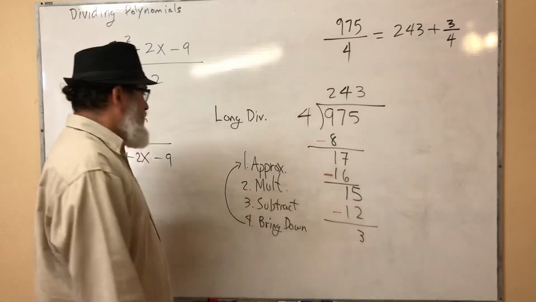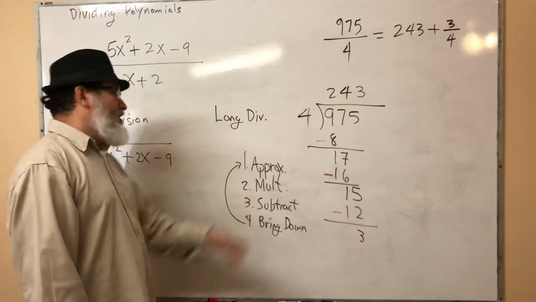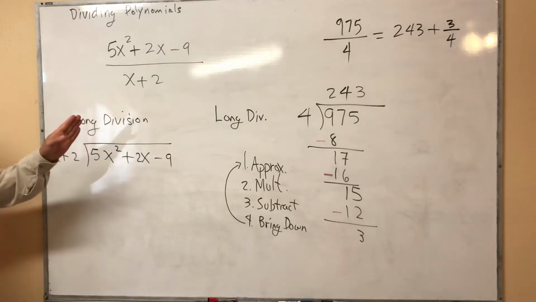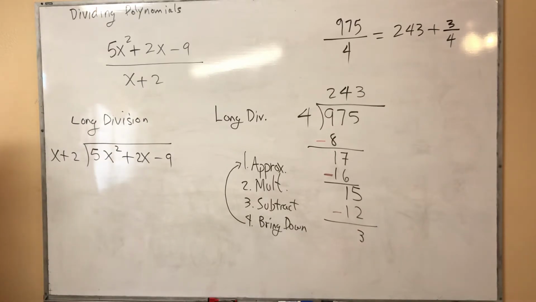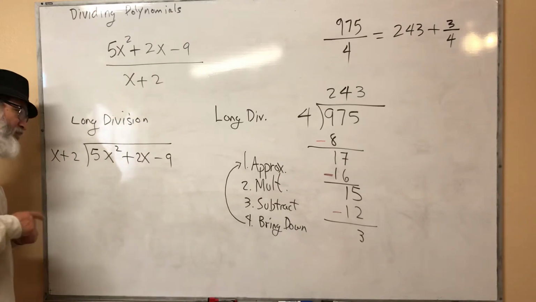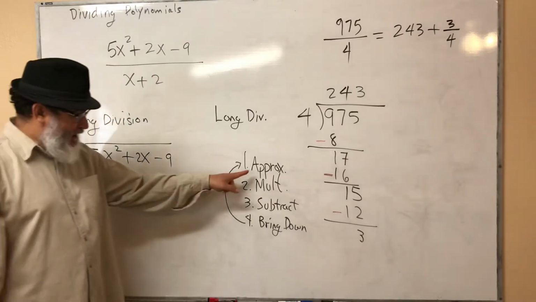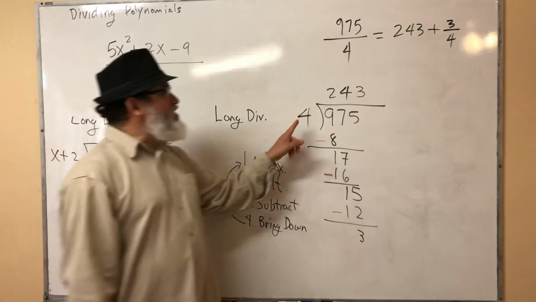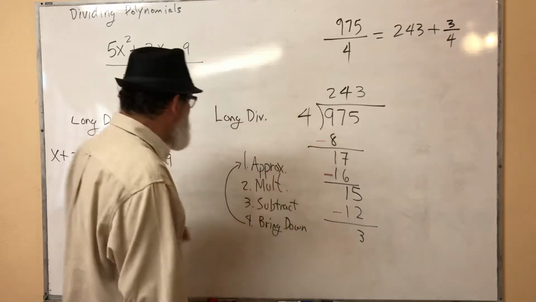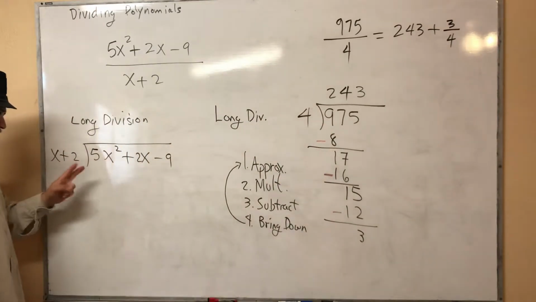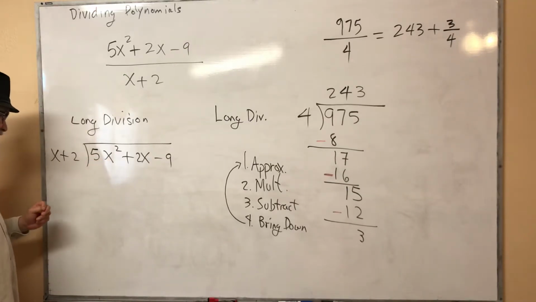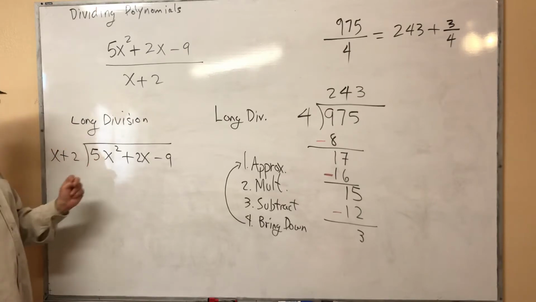Okay. Well, we're going to use exactly this in this problem. Your step number 1, we're going to use long division. Your step number 1 is approximate. Note, we set the 4 into the first digit, which means we're going to take the first term.